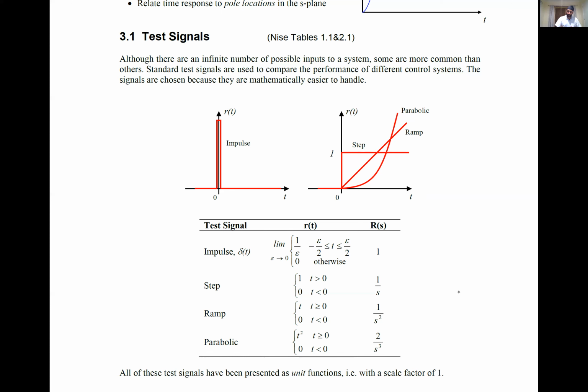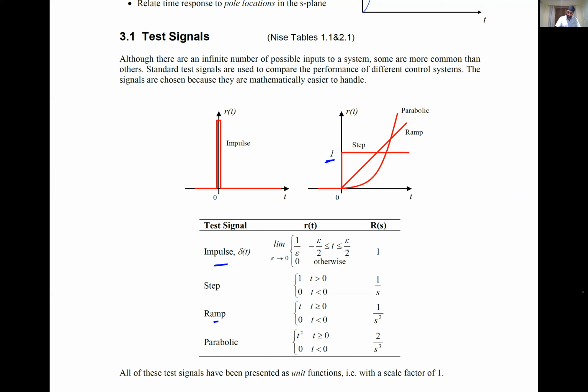We also mentioned that we can consider a unit input, which has a magnitude of 1 in some sense, as for the impulse input when the area under the Dirac delta function is equal to 1. For a step input, we consider a unit step input when, for time t greater than 0, we have a value 1.